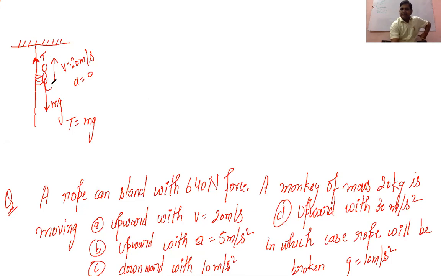This tension will be balanced by the mg, mass is 20 and g is 10, so this will be 200 newton. So इस केस में रस्सी टूटने का कोई खतरा नहीं है.